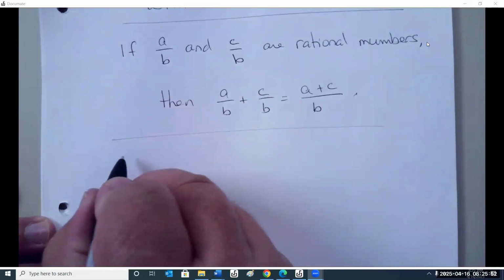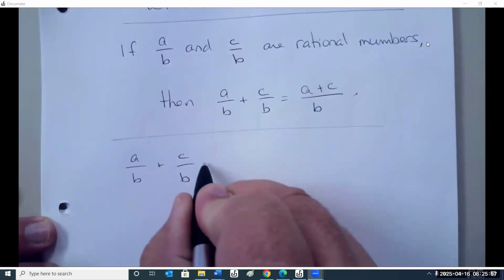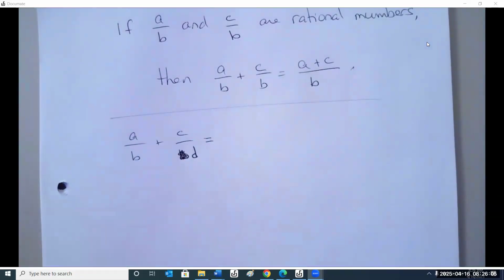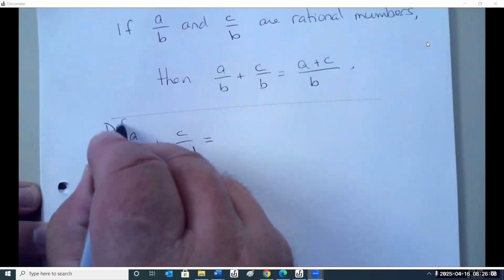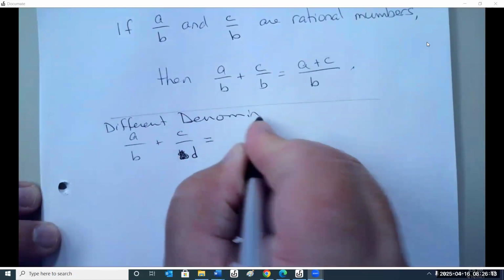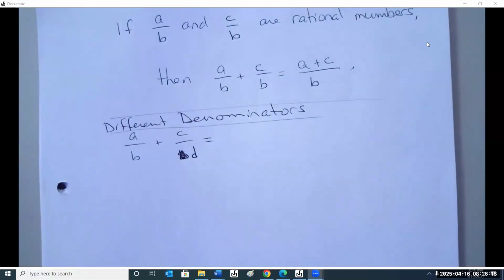There's another. Okay, what if we had different denominators? How do we teach them this? Would cross multiplication work here?